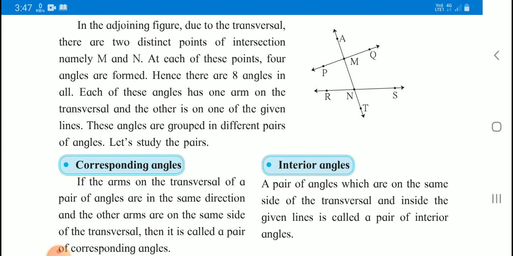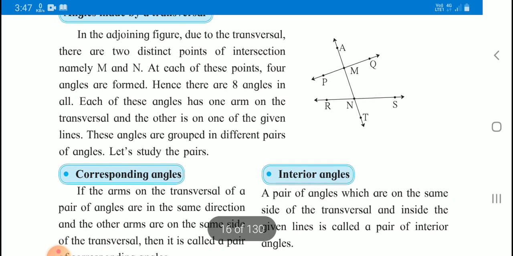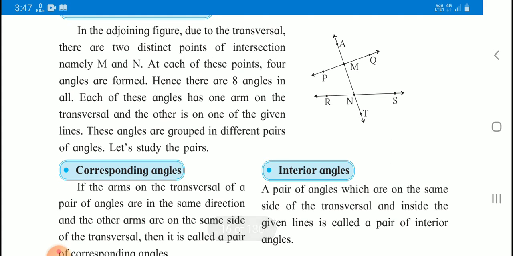Here if you see the figure, then the angles are AMQ, then angle AMP, then angle PMN, as well as angle QMN.